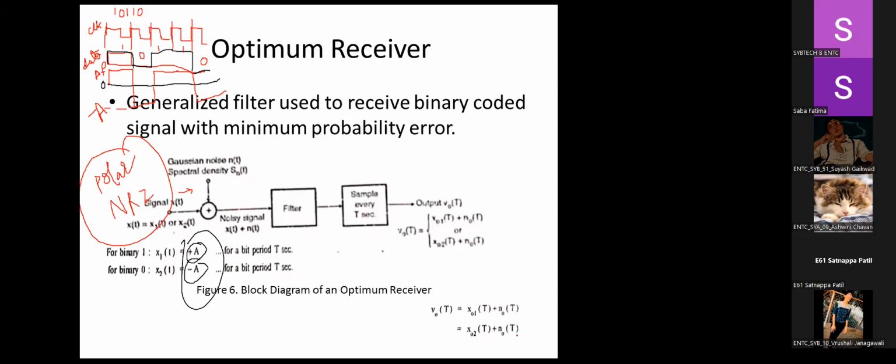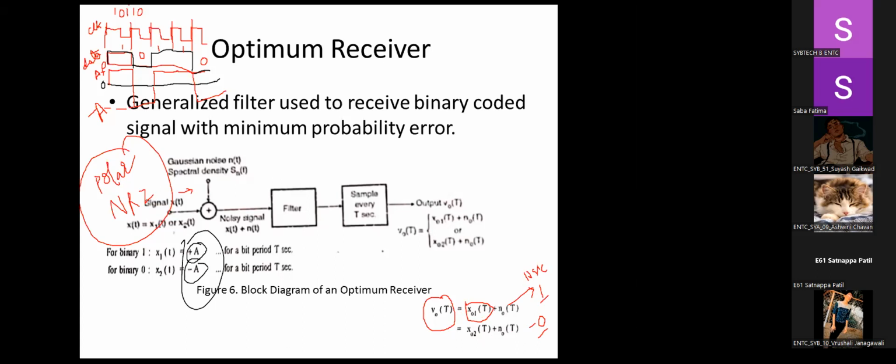We can simply say the voltage sampled at T interval is given as x naught of T. This is for binary symbol 1, and this is for 0, when 1 is transmitted and when 0 is transmitted.